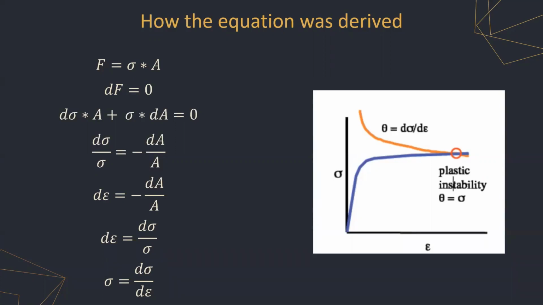If, for example, at this point, as we can see here in the graph, sigma equals theta, then we observe necking.